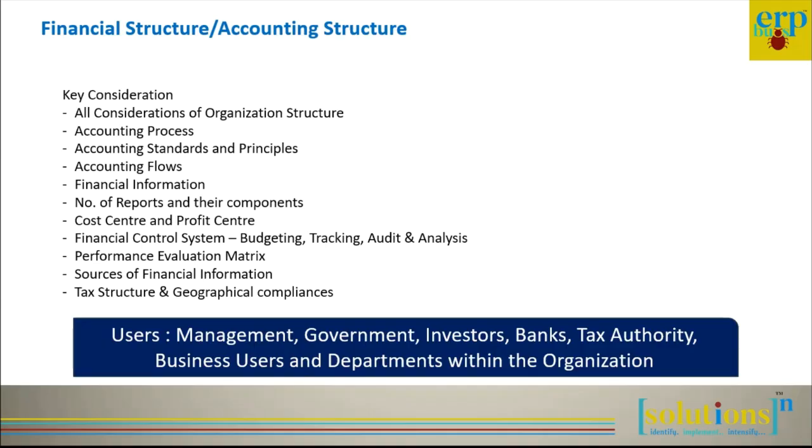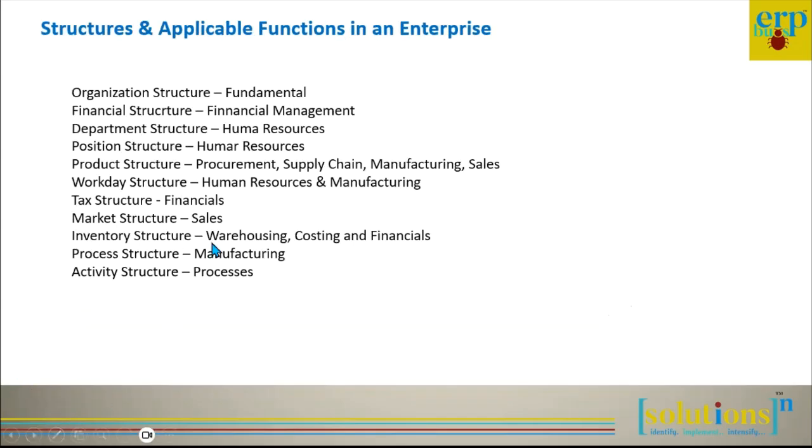Whether all the departments, those who can use this information, should be part of it: they will give the input and they will take the output as well. Now, in the next slide, we will see what other structures we have apart from organization structure and financial structure.